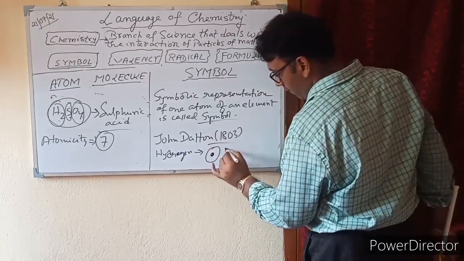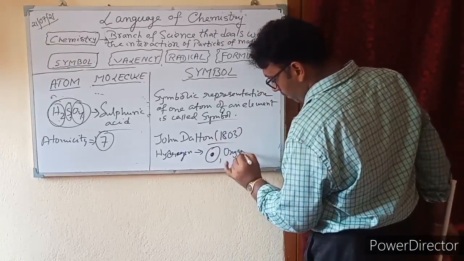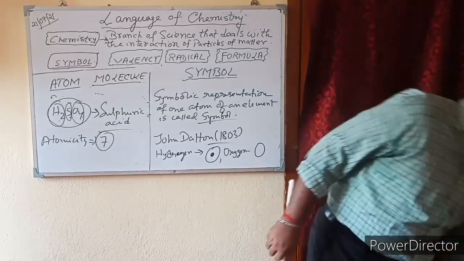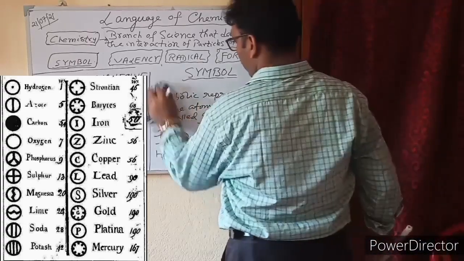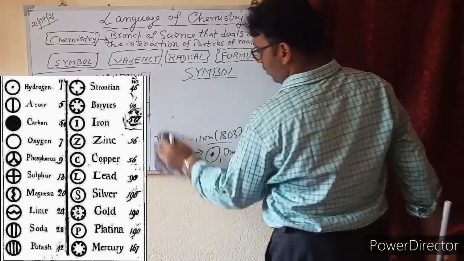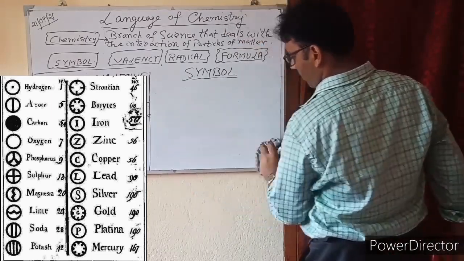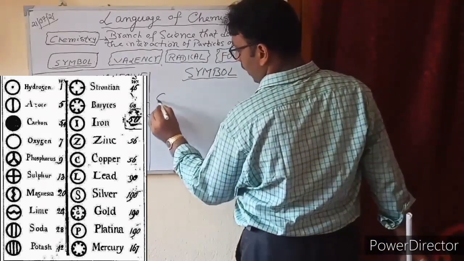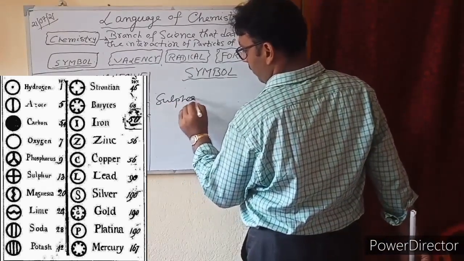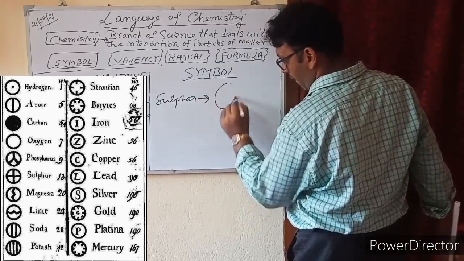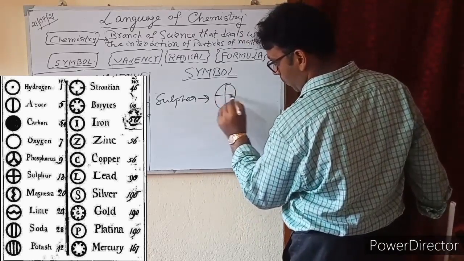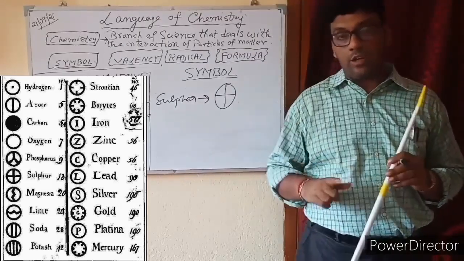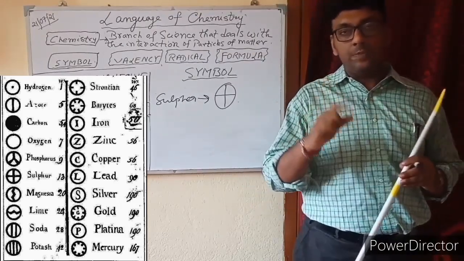This one is oxygen. Again, sulfur, just like this. This is sulfur. So this was all invented by John Dalton.